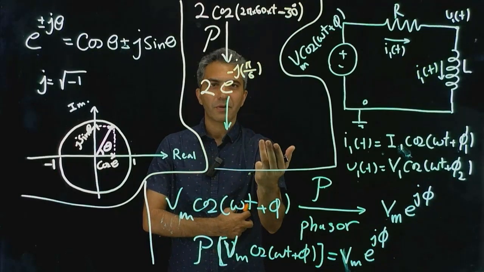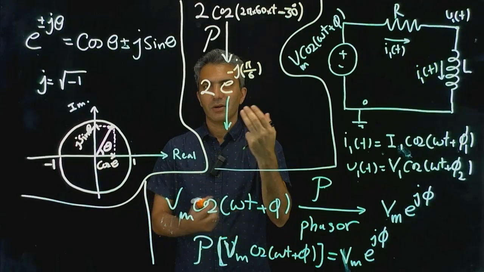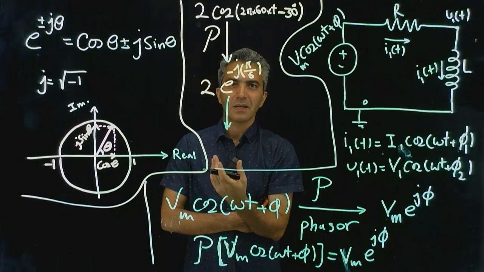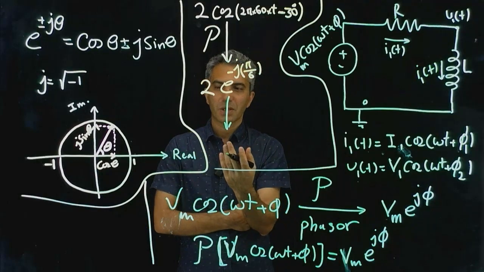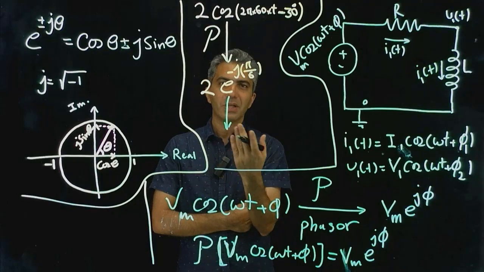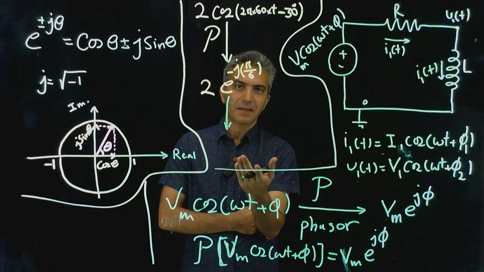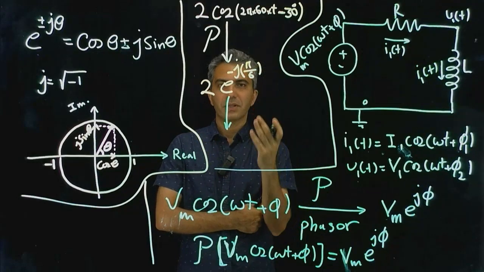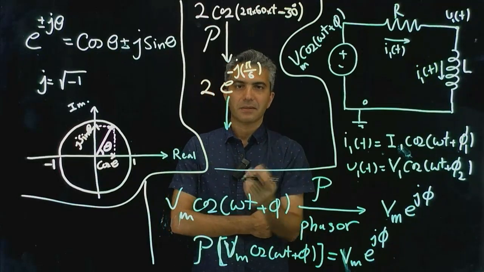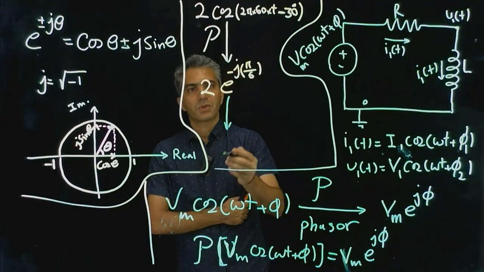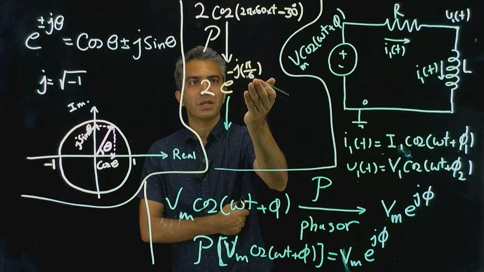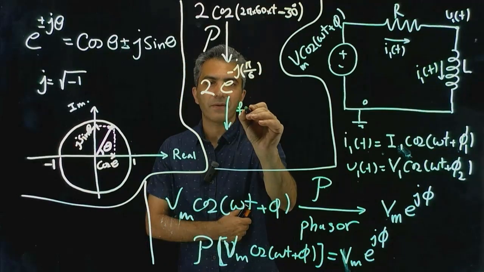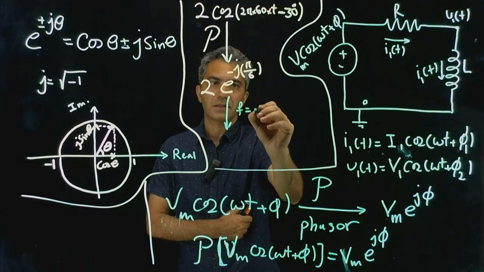Keep in mind, time and frequency are basically the same thing, because the frequency tells you how many times per second something repeats. In other words, frequency is 1 over the period in seconds. So I would have to be given a frequency, and let's say I've been given a frequency f of 60 hertz.